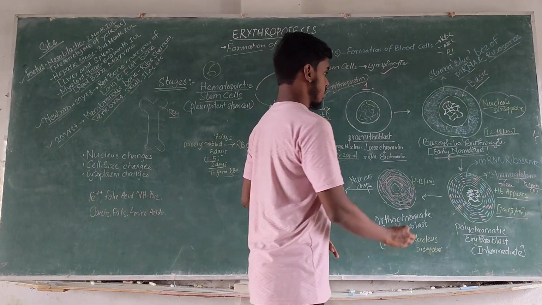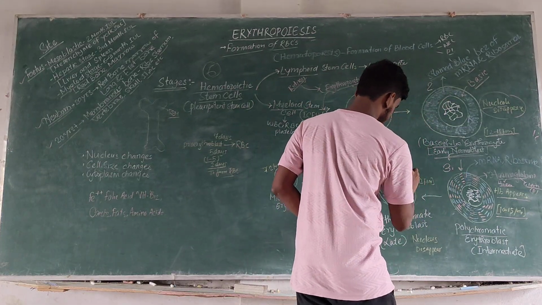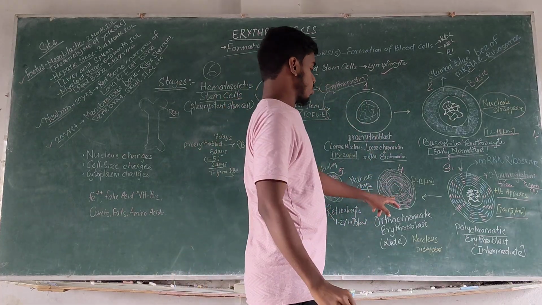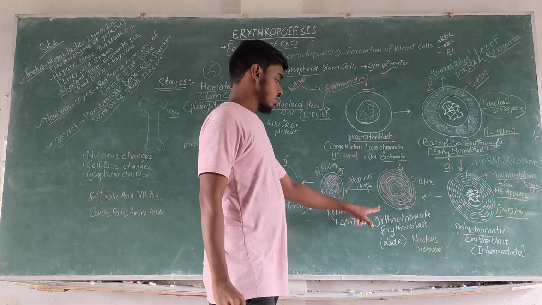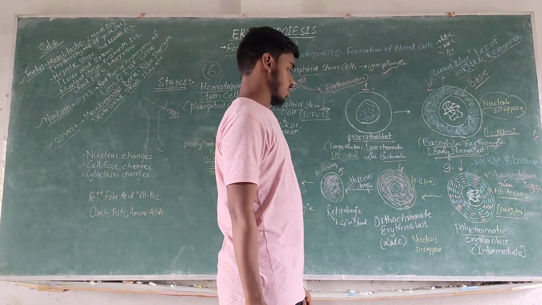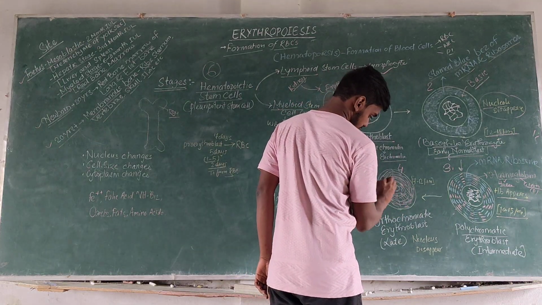Next stage, this is second stage, this is third stage, this is fourth, this is fifth, and this is sixth. So the fourth stage is known as orthochromatic erythroblast or late normoblast. In this stage, the nucleus starts disappearing.